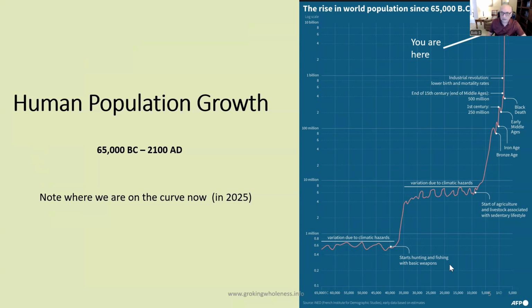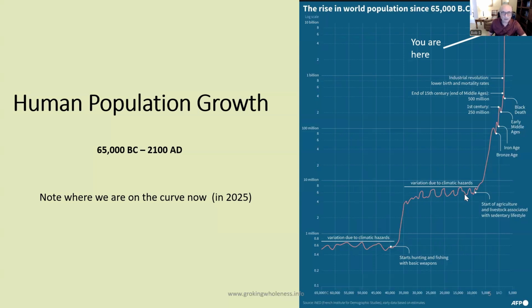Around 40,000 years ago, we started hunting and fishing with basic weapons. And you see that this was a dramatic improvement for the life of humans on the planet. Our population increased to 6 million in a very short period of time. And it roughly stayed that way for the next 25,000 years.